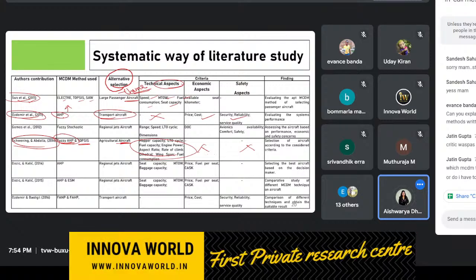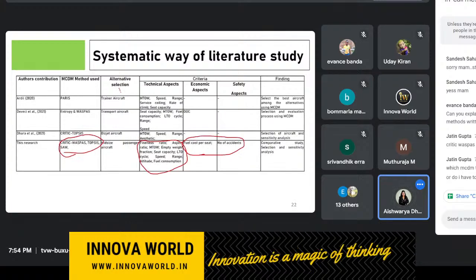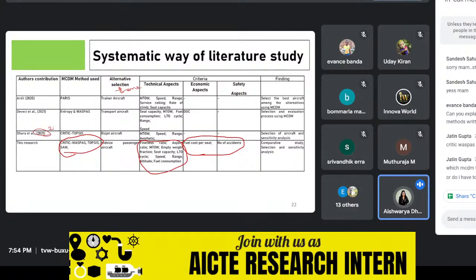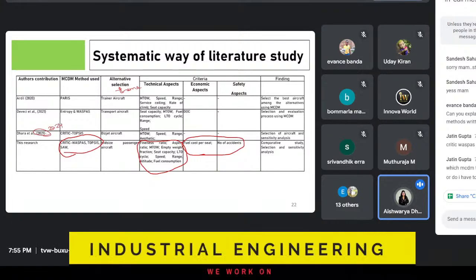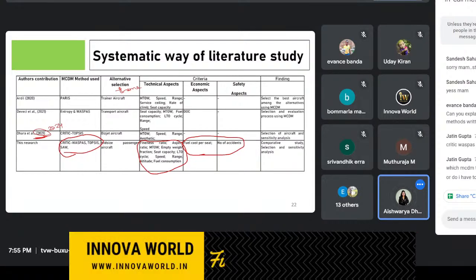Could you follow? Likewise, you have to perform the study based on your theme. This is actually a sample I have shown. As this is the year 2024, you have to study till the latest, till date, what study has been made.